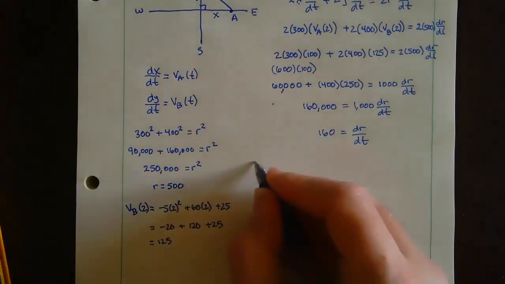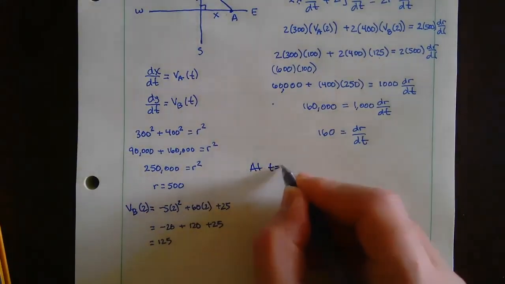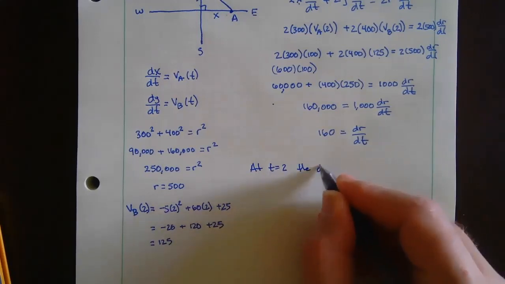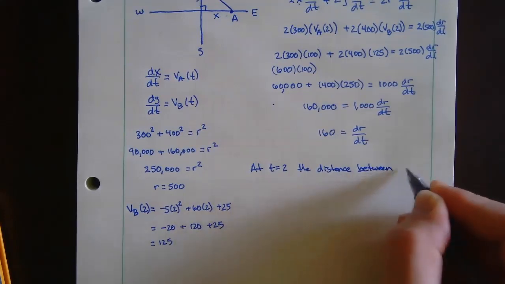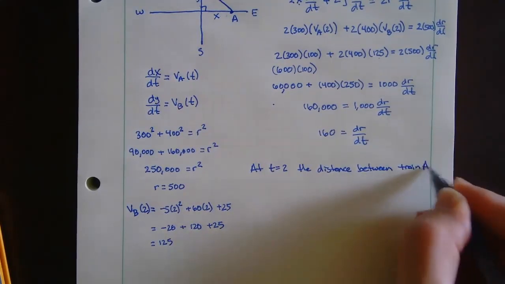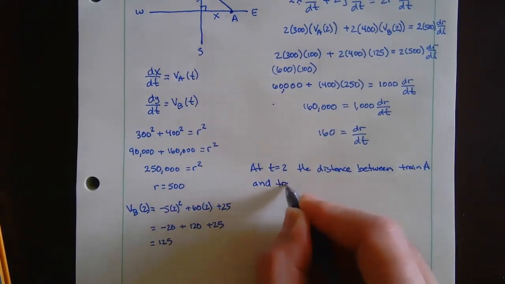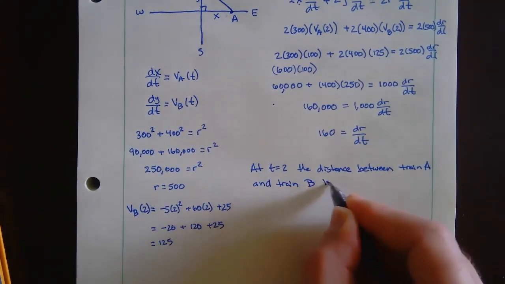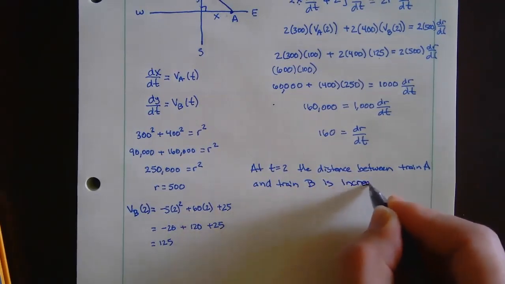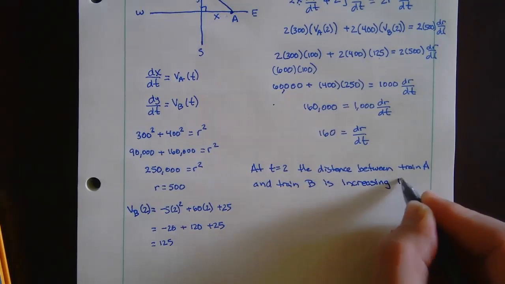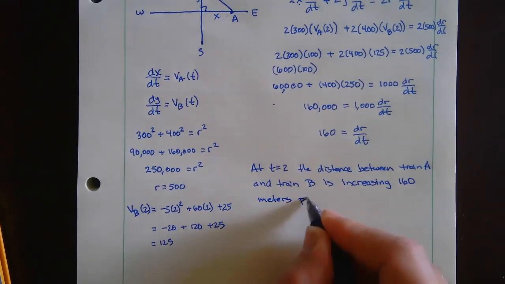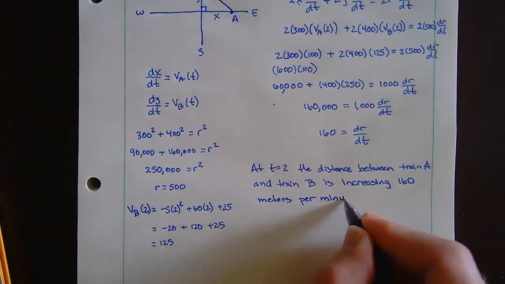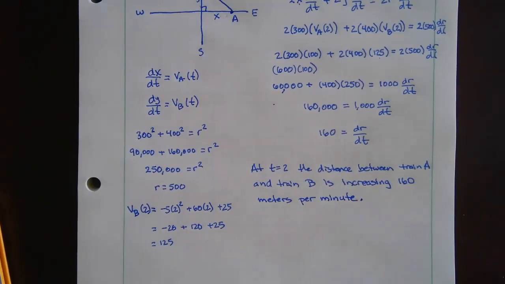So at t equals 2, the distance between train A and train B is increasing 160 meters per minute. Okay, and that's the answer to part D.